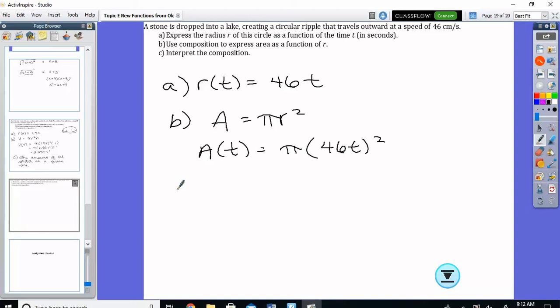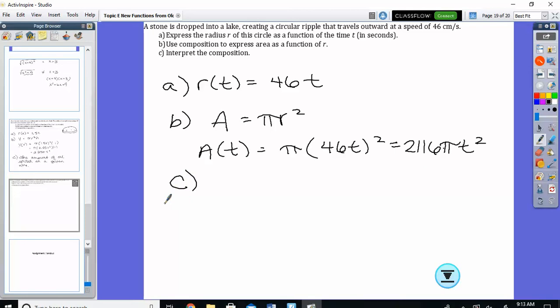I don't care if you just leave that as 46t squared. On homework, we do have a calculator. 46 squared is 2,116. So if you want to simplify that, you could. Either way is fine.